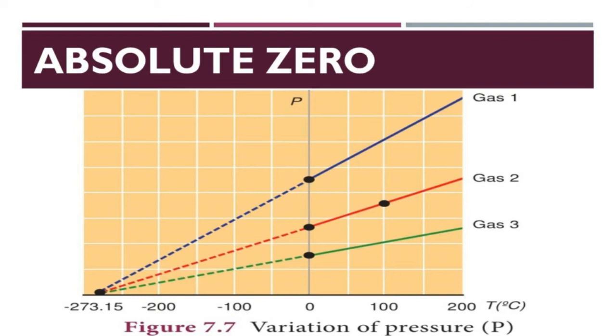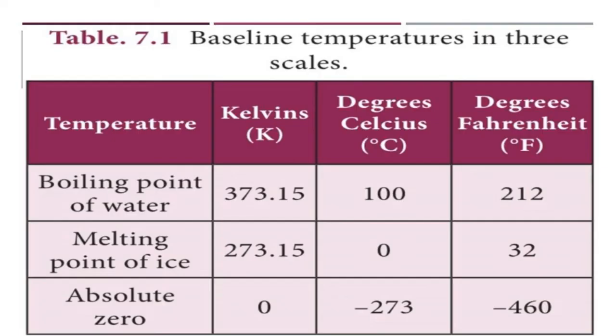Some baseline temperatures in the three temperature scales are shown in this figure. Boiling point of water in Kelvin scale is 373.15, in degrees Celsius 100, and in degrees Fahrenheit 212.